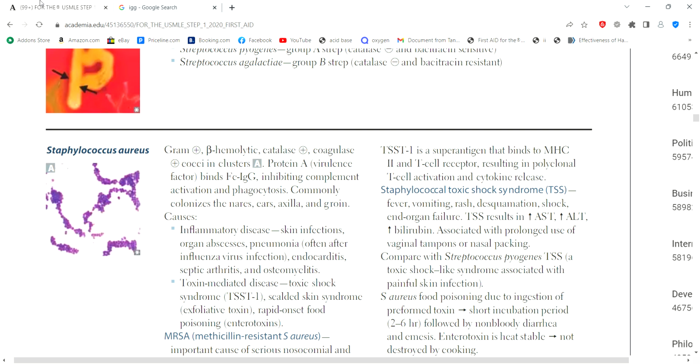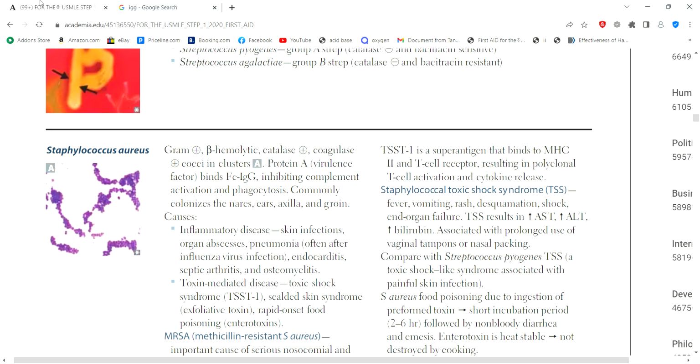Staph aureus can produce a superantigen, and the superantigen here is TSST-1. That's what causes toxic shock syndrome.